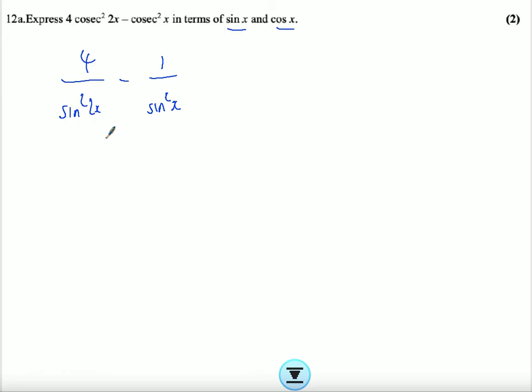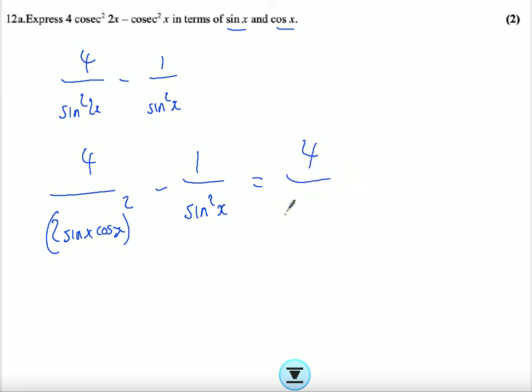But we can rewrite sine squared 2x, because we know sine 2x, we can work out sine 2x squared. So that's going to be 4 over 2 sine x cos x squared, subtract 1 over sine squared x. Okay, so 4 over 4 sine squared x cos squared x, subtract 1 over sine squared x.